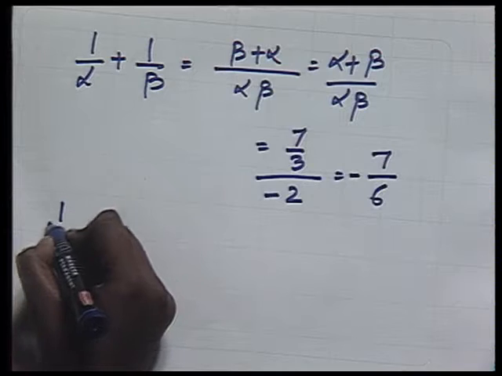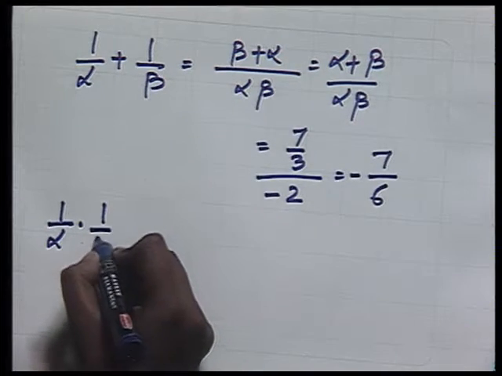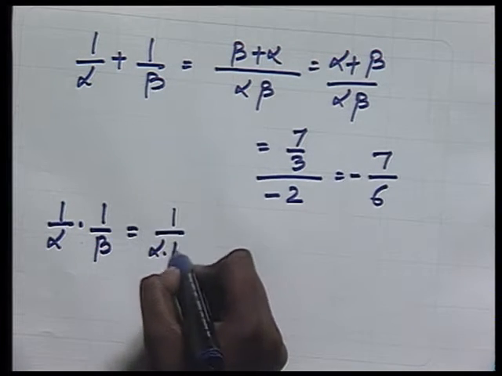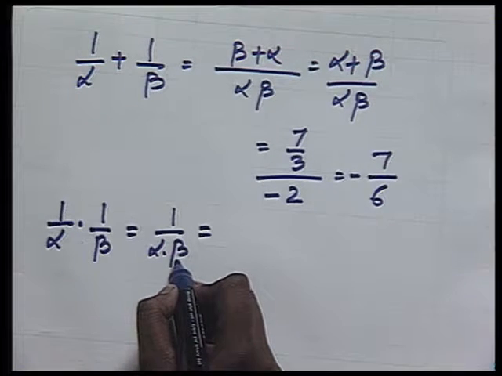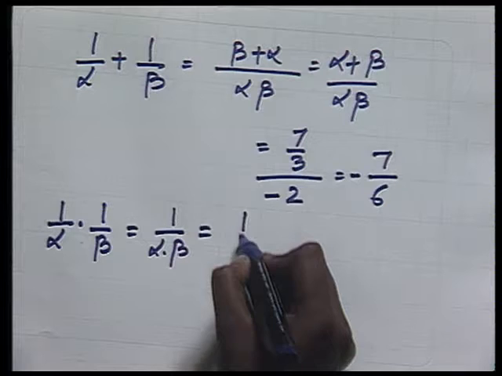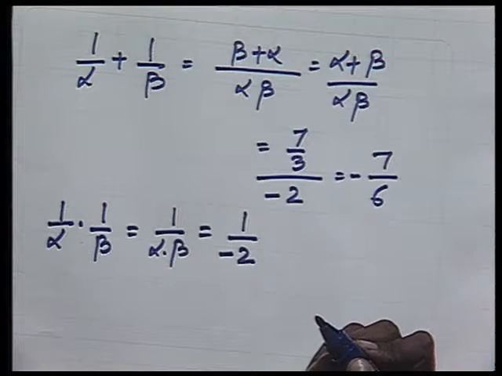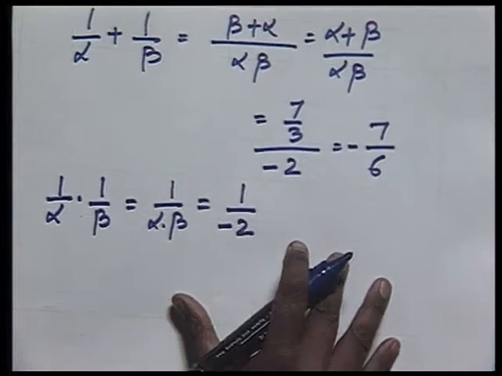Also, the product of the roots of the required equation will be 1 upon alpha into 1 upon beta, that is equal to 1 upon alpha into beta, and as we already know that alpha into beta is minus 2, replacing alpha into beta by minus 2, we get 1 upon minus 2 as the product of the roots of the required equation. So, now we have the sum and the product of the roots of the required equation. Can you construct the equation now? Yes.